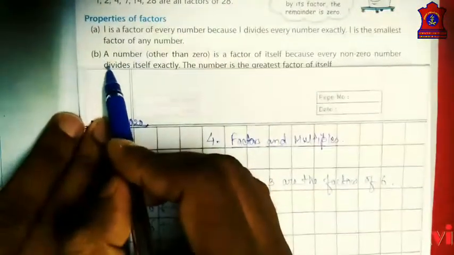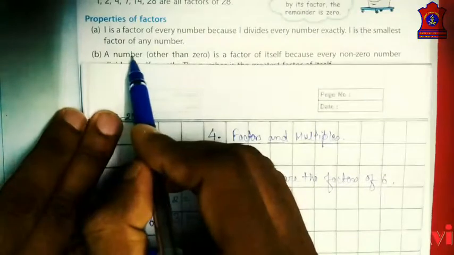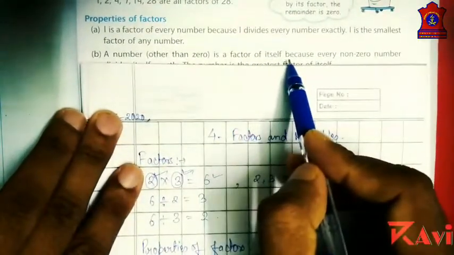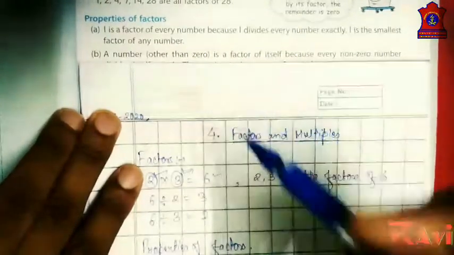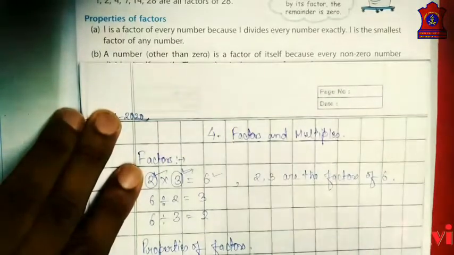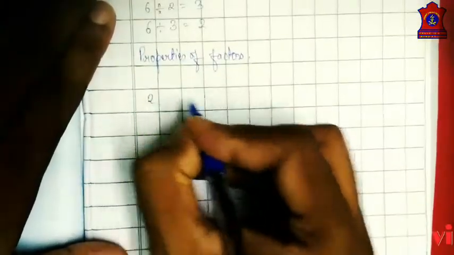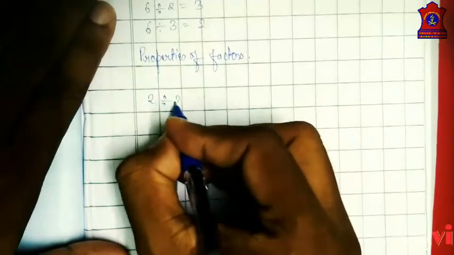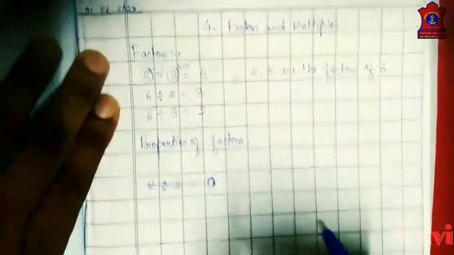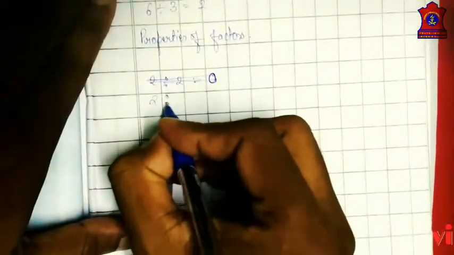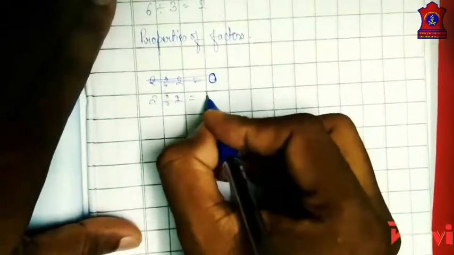Now the next property: a number is a factor of itself, because a number can divide itself exactly. Here a number is 2. 2 divided by 2 equals 1.